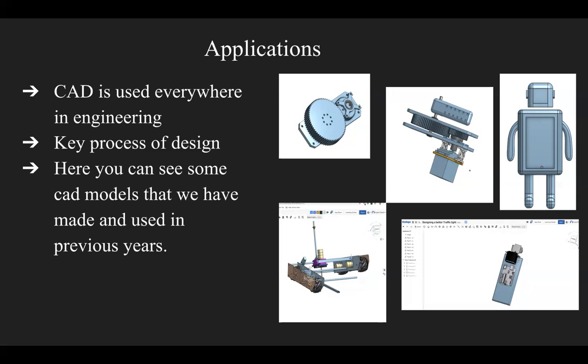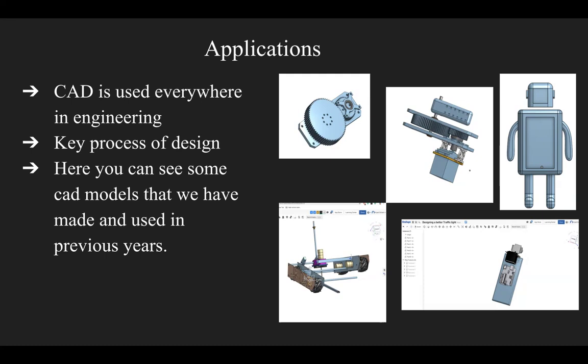You can't just take some tools together and make something out of it. You need to actually have a precise rundown of what it's going to look like, of the measurements, of the design process, everything you need to know beforehand before you actually start bringing resources into it. And so this is where CAD comes into play. You just design everything online and then you know exactly what it's going to look like.